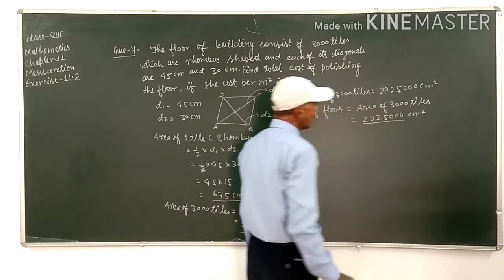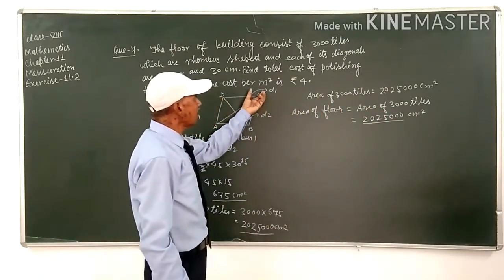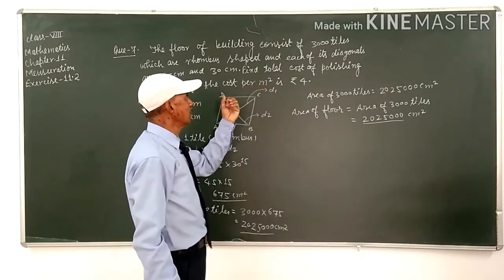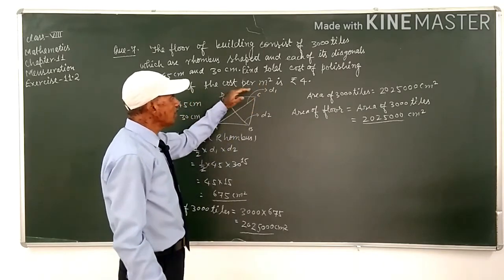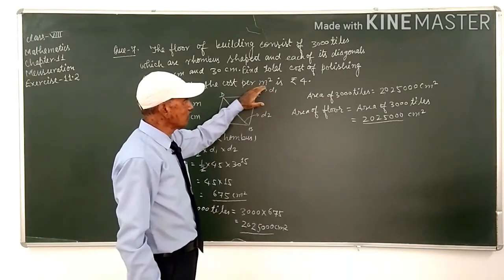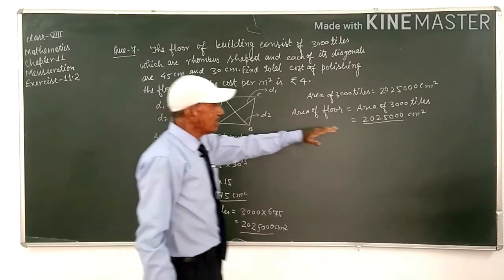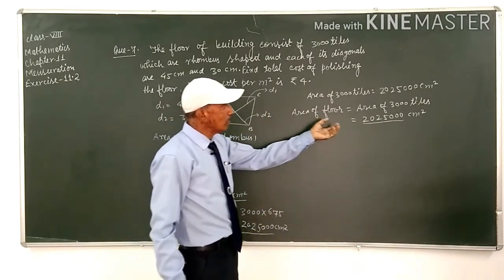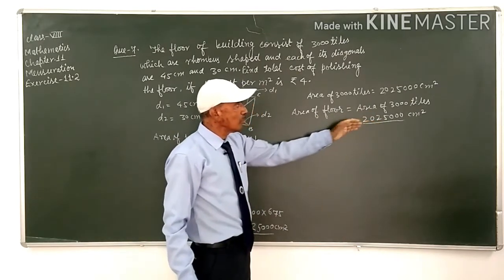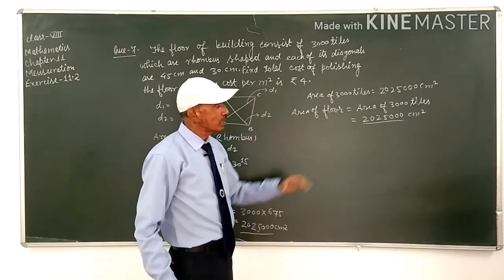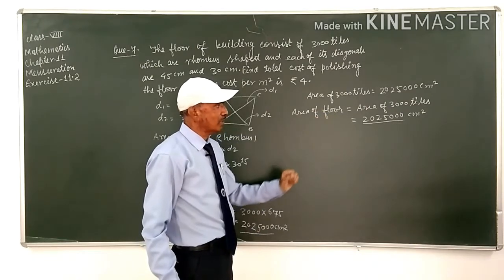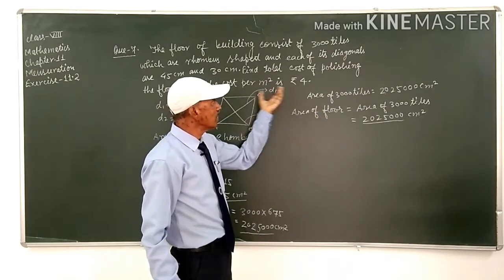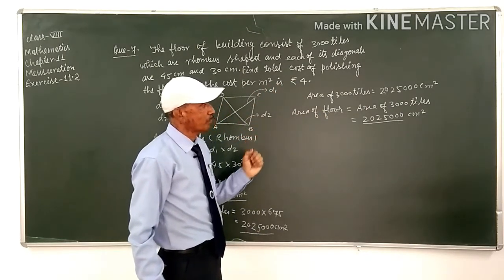So students, here cost is given in meter square. Okay, student? So per meter square cost of polishing is ₹4, and this area is in centimeter square. So first of all we have to convert it into meter square. Students, we have to change it into meter square, and after this we have to find out its cost.